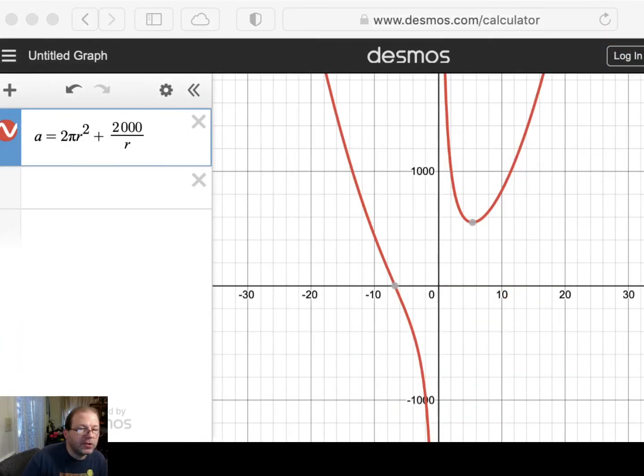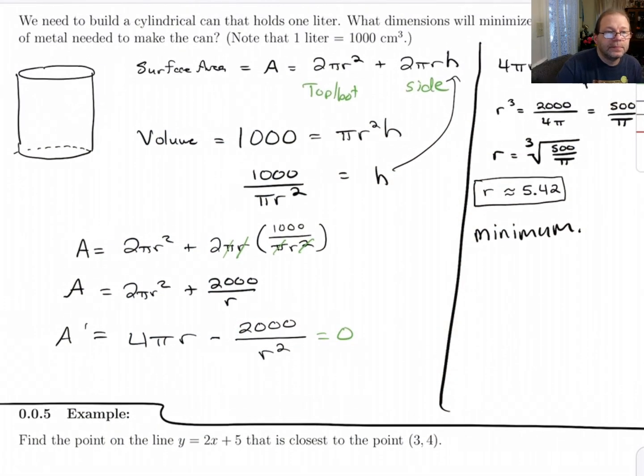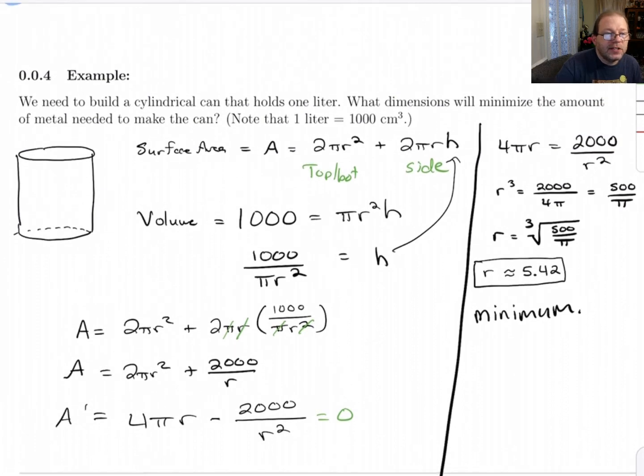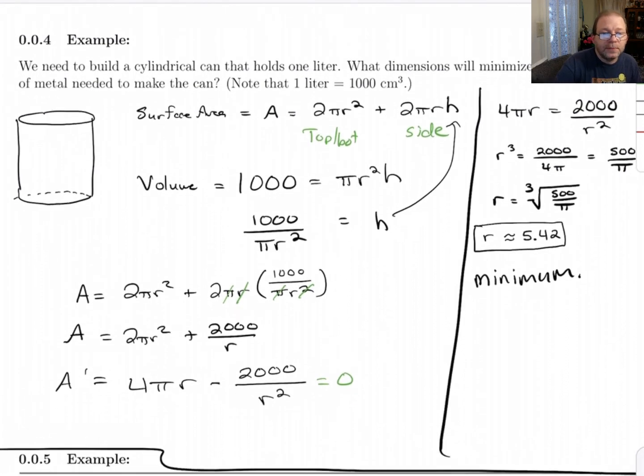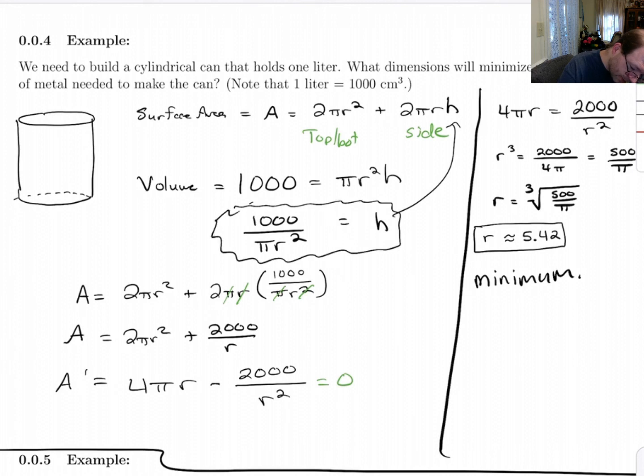So let's go back and make sure we answer the question. What dimensions will minimize the amount of metal needed to make the can? So R is going to be 5.42. What about H? Well, we've got to go back and use this to come up with what H is. R is going to be about 5.42. Now, I'm going to leave that number with all of its decimal places in my calculator.